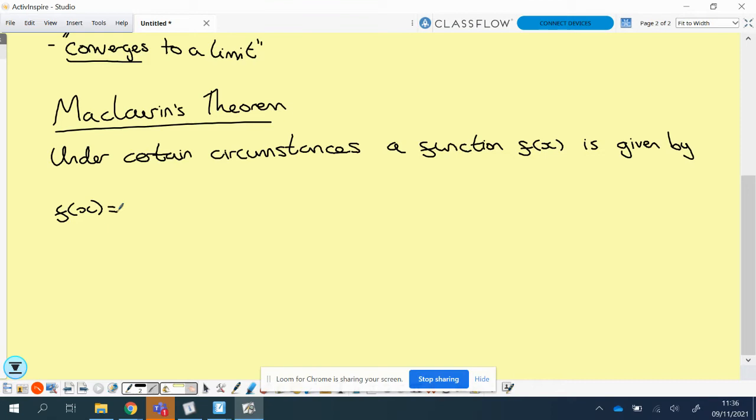And how we do that is the first thing would be our function valued at x equals 0, so f of 0.